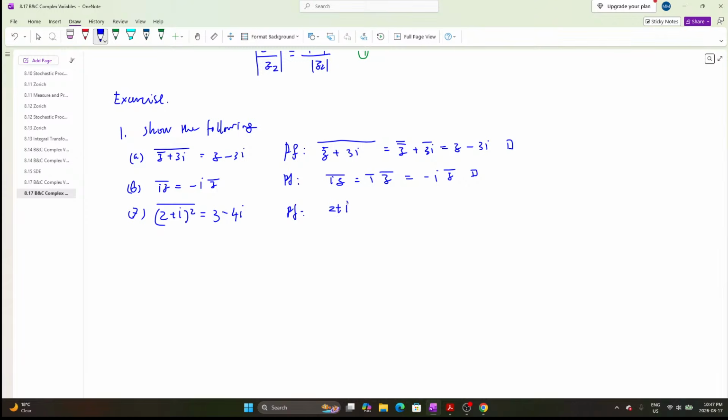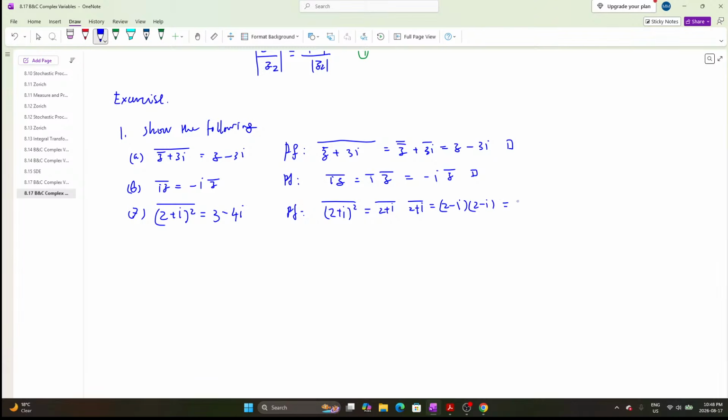So the conjugate of 2 plus i quantity squared is 2 plus i conjugate times 2 plus i conjugate, and that's just 2 minus i times 2 minus i.